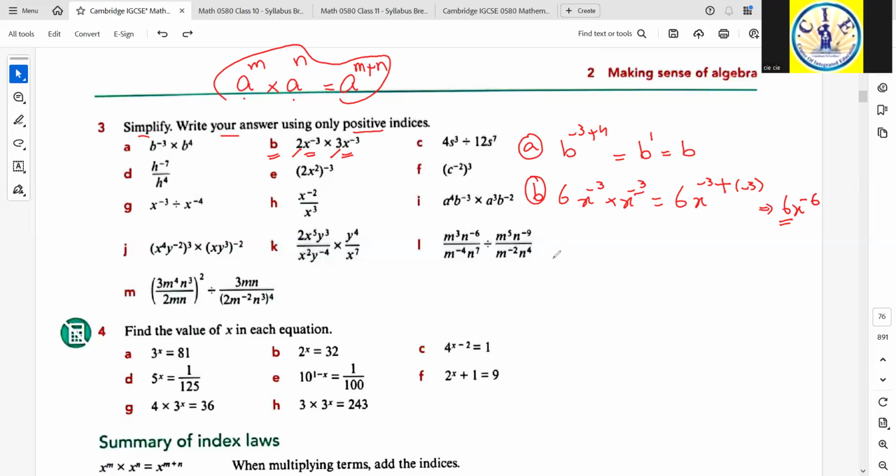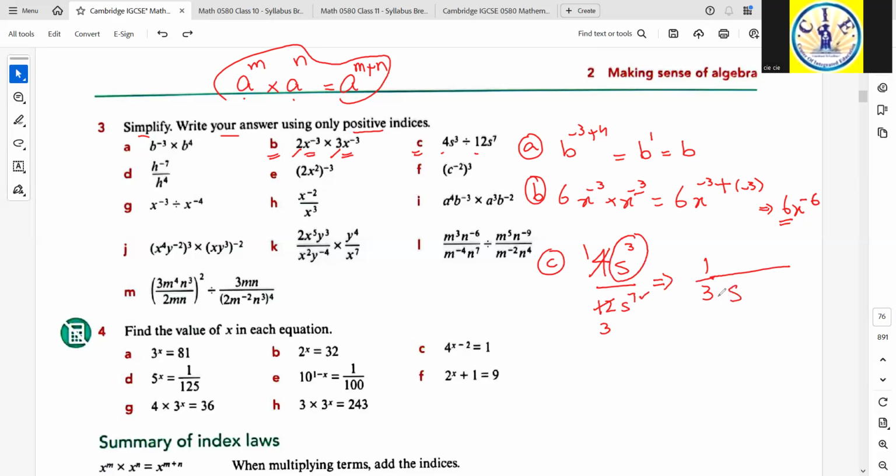That's why. Okay, now part C, 4 divided by 12. Okay, first of all, let me write it down like this: 4s cubed divided by 12s raised to the power 7. Now you can easily cancel these coefficients on the table of 4, and 1 by 3 is the same, and then you see this is the smaller power and this is the larger power.